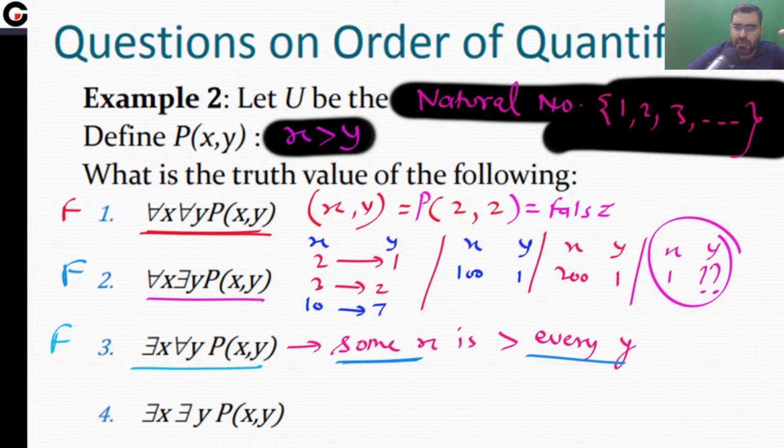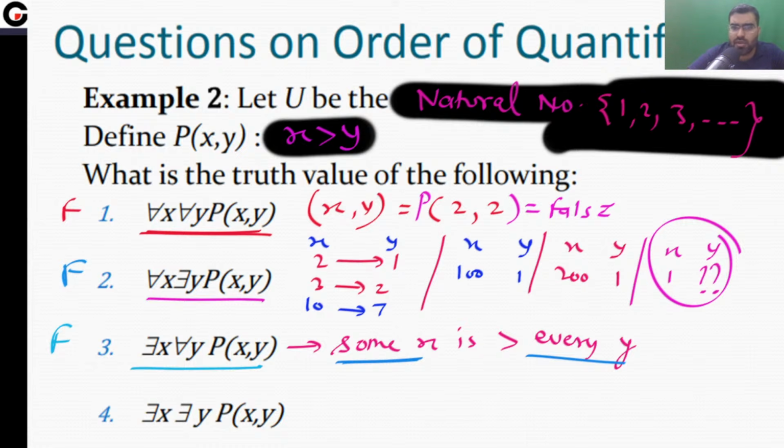Can I take x equal to infinity? Can I say infinity is greater than every natural number? I cannot do that, because infinity is not a natural number. Please understand that infinity is not an integer.